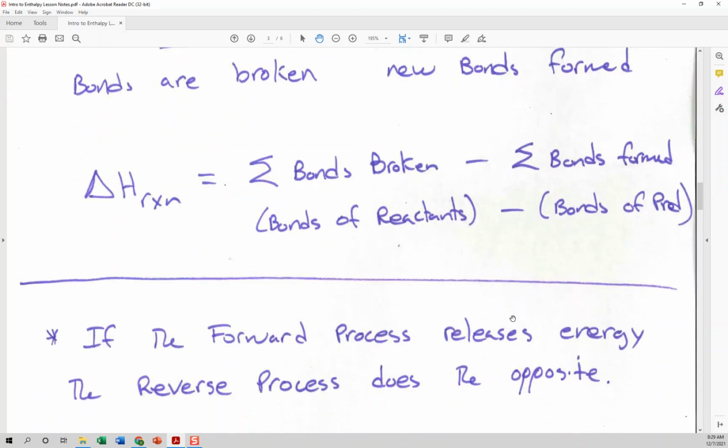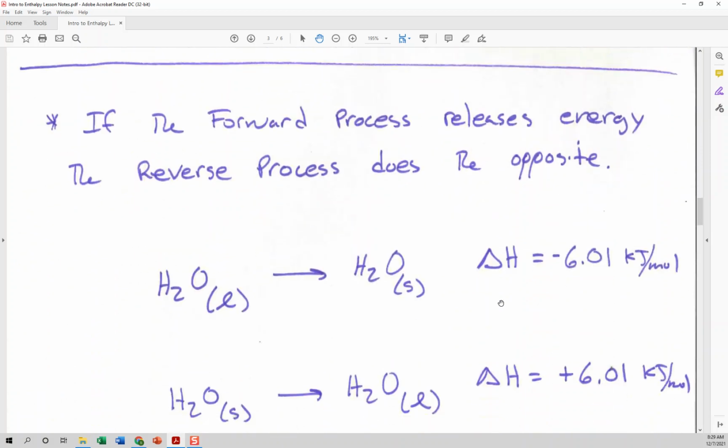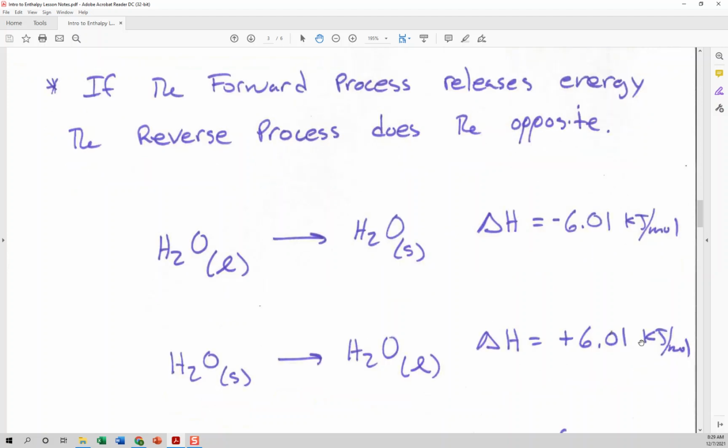All right, so anyway, another key concept about enthalpy is if the forward process releases energy, the reverse process does the opposite, okay? So if the forward reaction is exothermic, the reverse reaction is endothermic. And here we show water freezing, that we already know is an exothermic phase change.